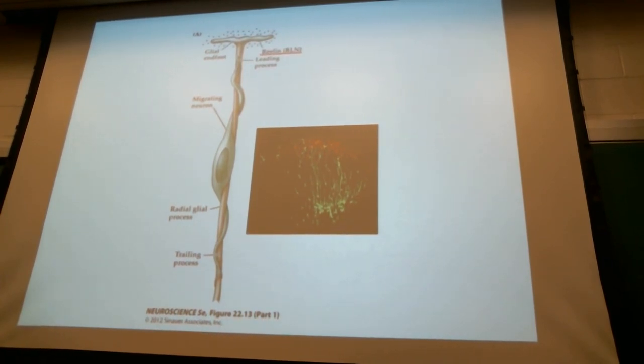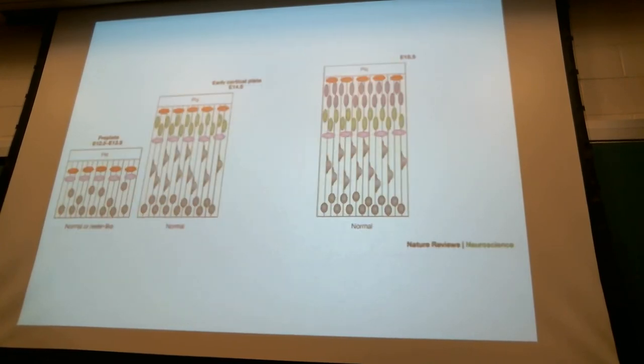Yes, so let's talk about this reelin. What happens is the radial glia cell itself will grow, so it becomes bigger and bigger as you develop. In the meanwhile, neurons will migrate, but if they hit reelin, they come off and stop.